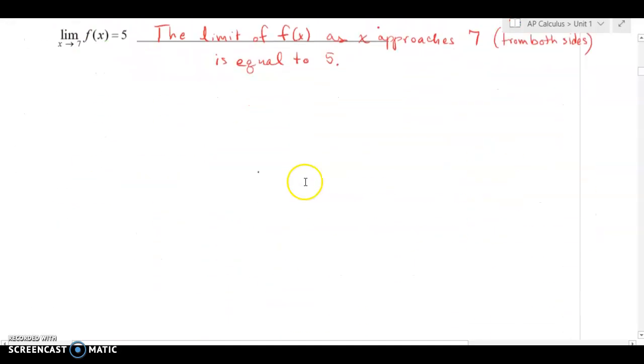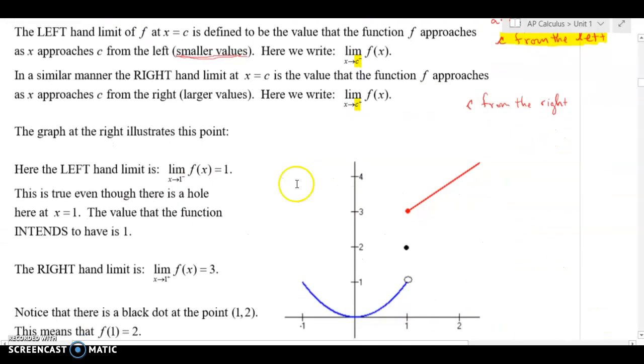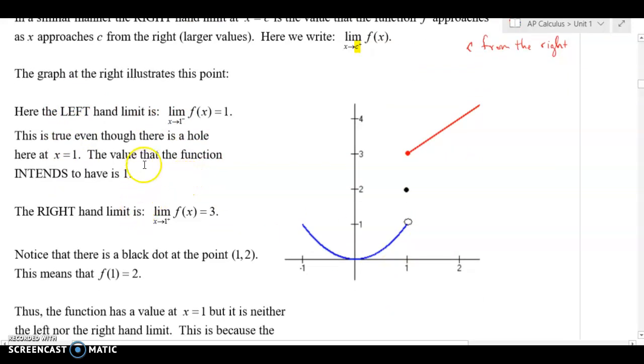Okay, so let's scroll down further and take a look at this example. The graph at the right illustrates this point. The left-hand limit, written like this, the limit of f of x as x approaches 1 from the left, is equal to 1. You'll see here's x equals 1, right?